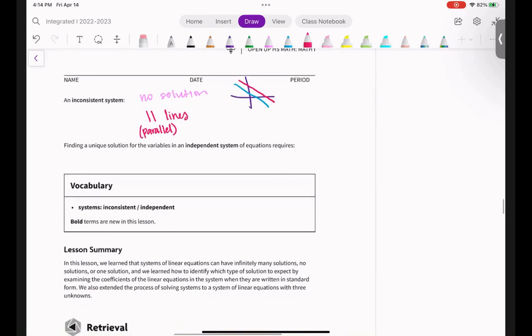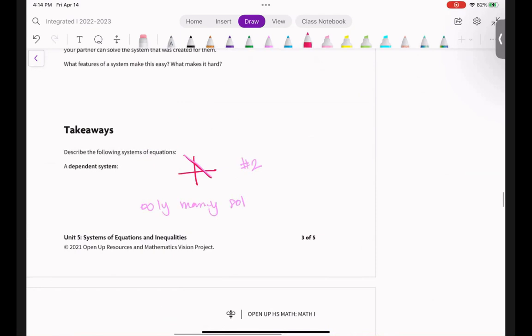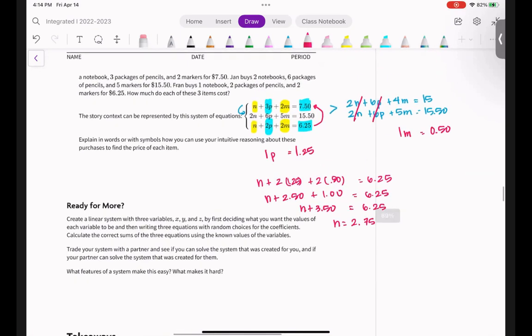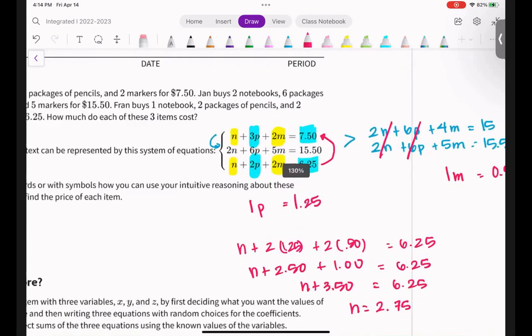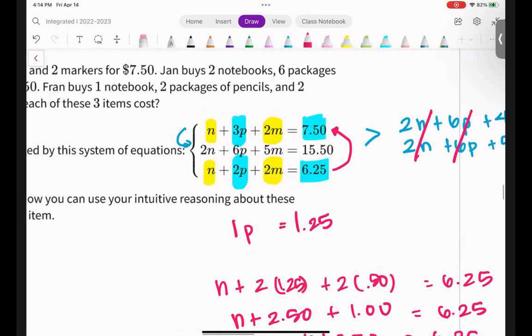And then last but not least, it says finding a unique solution for the variables in an independent system of equations requires that you have the same number of equations as variables. Notice when we were solving this last system, because we had 3 variables, you had 3 equations.